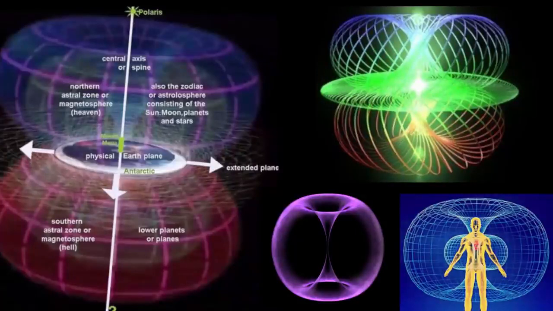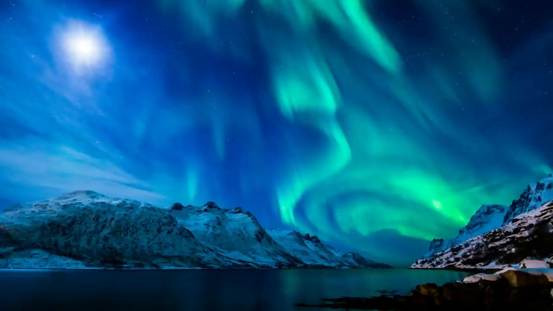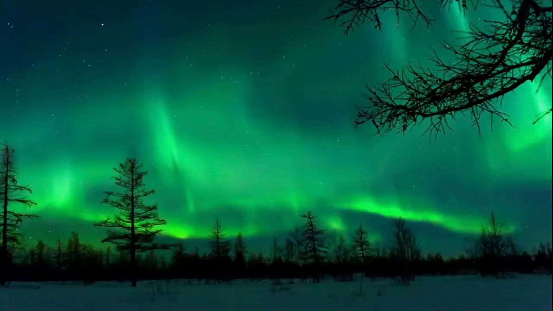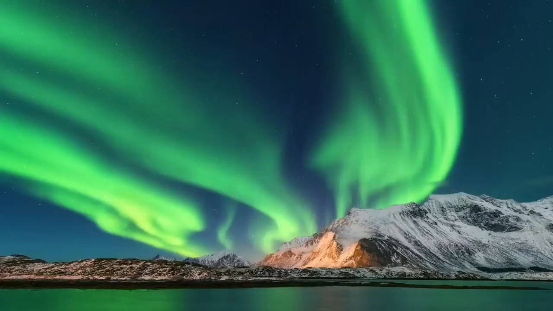What lies inside of Earth at this central vortex? Who knows? But it could explain the phenomena of the auroras at the poles. Perhaps the mysterious green light is atmospheric light coming from inner Earth, or the light emitted at the junction between realms.